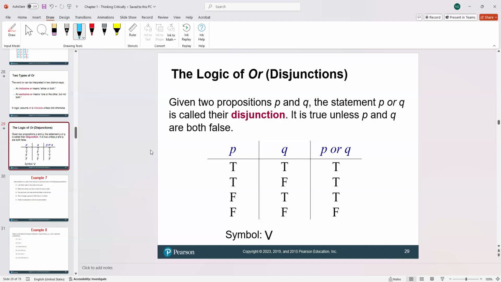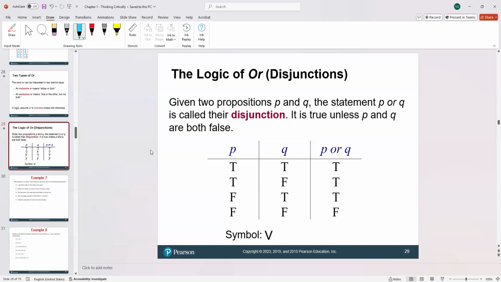The or statement that you see here is a compound statement made with or, which we call a disjunction. Remember, an and statement is called a conjunction. We assume that the or is inclusive, so the disjunction P or Q is true if either or both propositions are true. A disjunction P or Q is false only if both propositions are false.